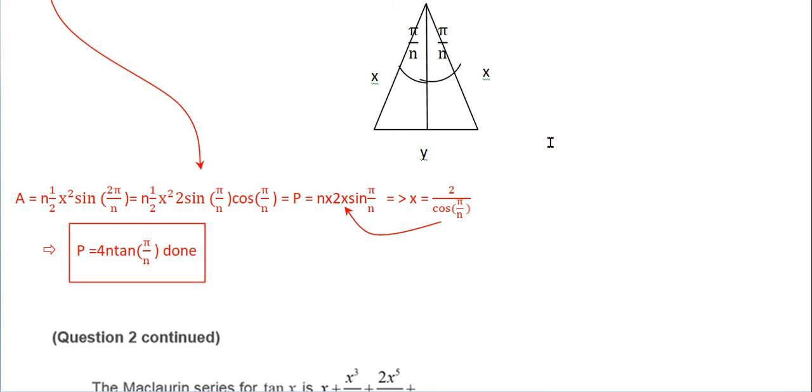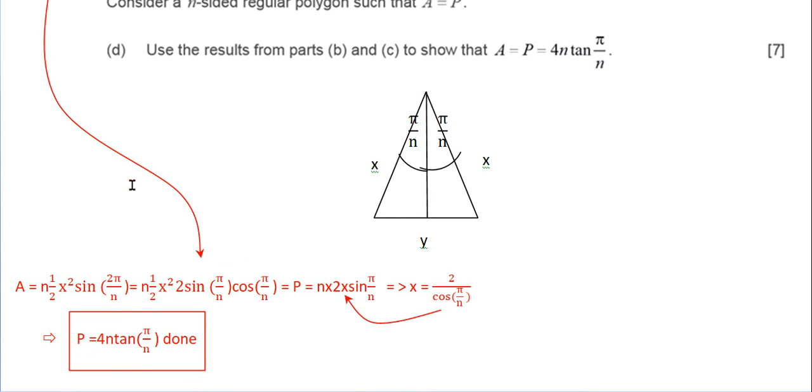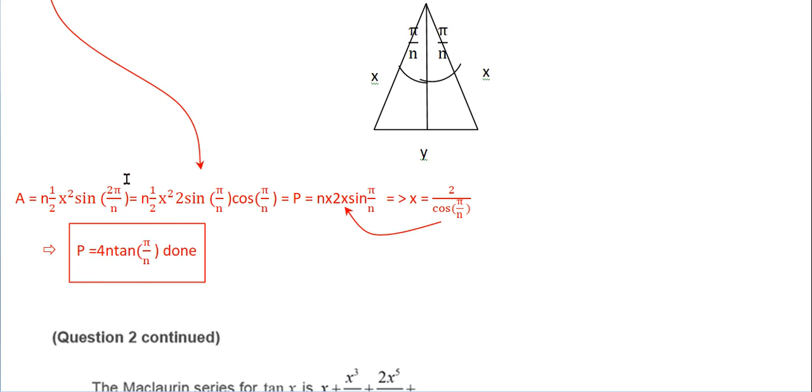Look attentively. And then for the perimeter we get the formula, so if instead of x we use 2 over cosine π over n, we get 4n tangent π over n.